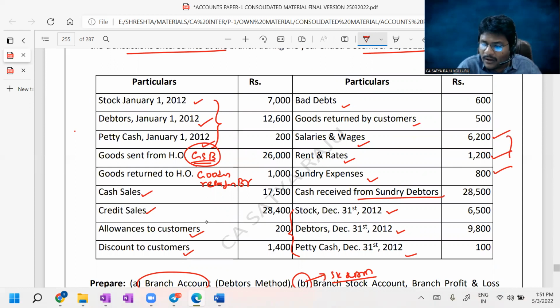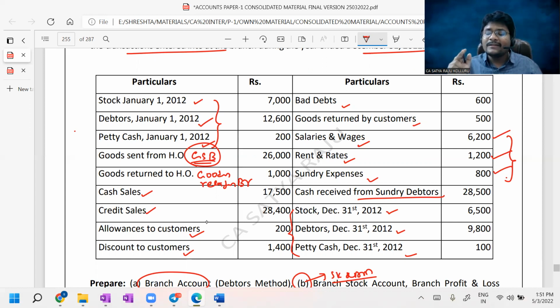To incur all these things, who ultimately met all these expenses? Head office only. But these expenses are related to whom? Branch only. That's why this amount literally we can call it cash sent by head office to the branch.